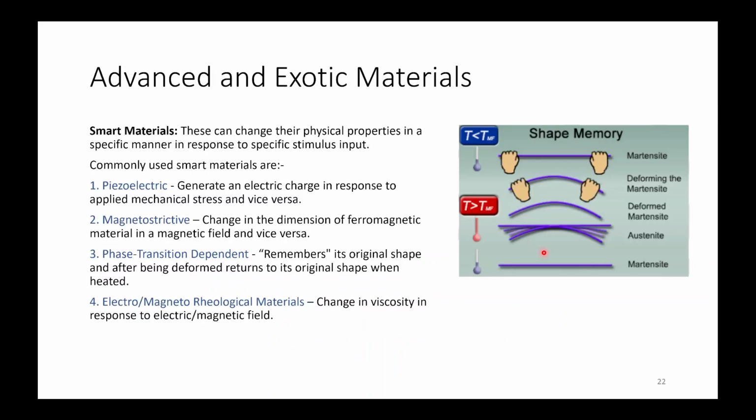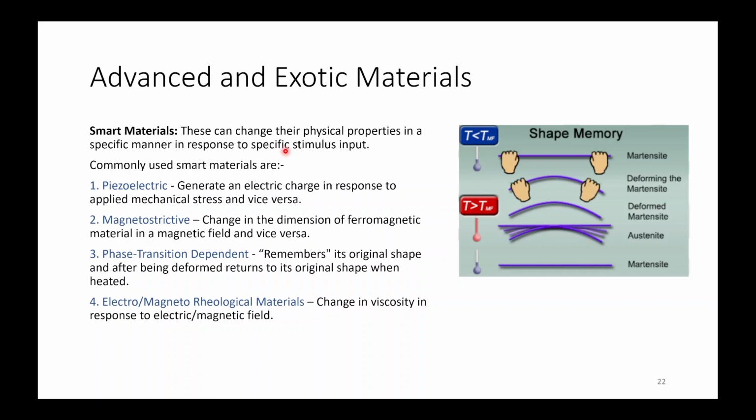Now advanced or exotic materials. These can also be called smart materials. These can be defined as materials which can change their physical properties in a specific manner in response to a specific stimulus input.